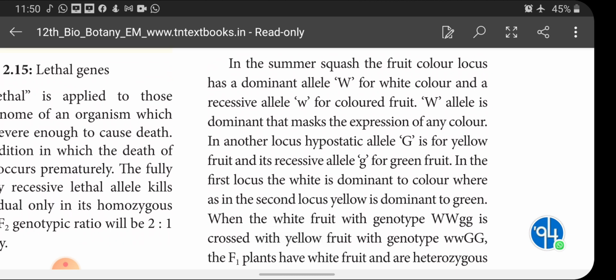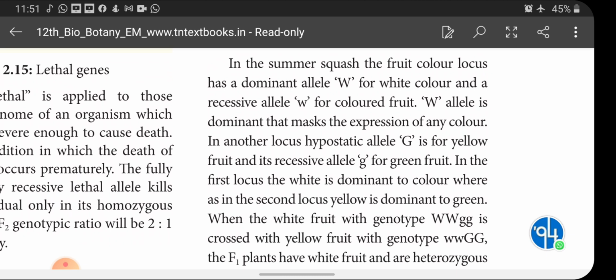So if the gene possesses capital W, then the fruit color will be white, and if the gene possesses small w, the color of the fruit will be different, maybe colored. The capital W allele is dominant and masks the expression of any color.